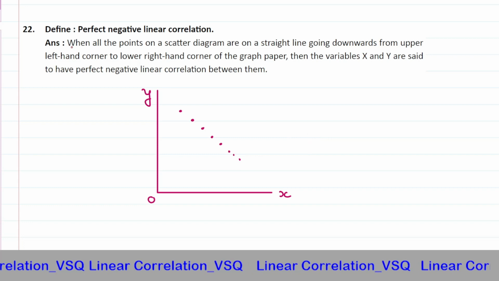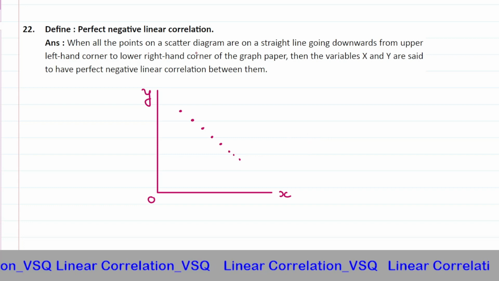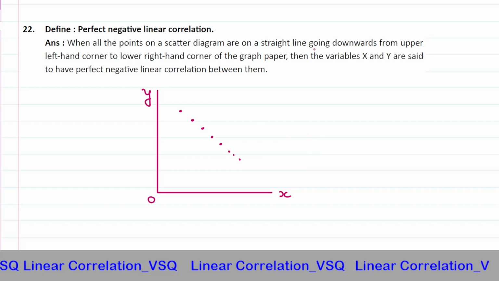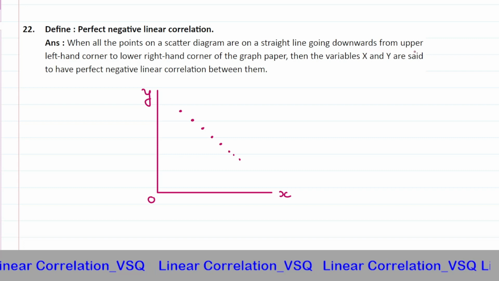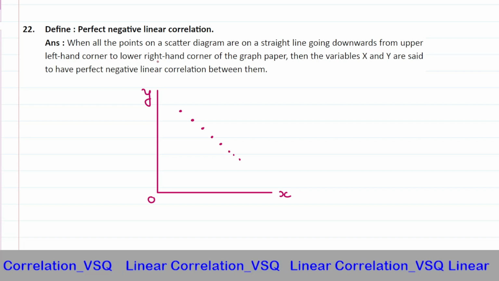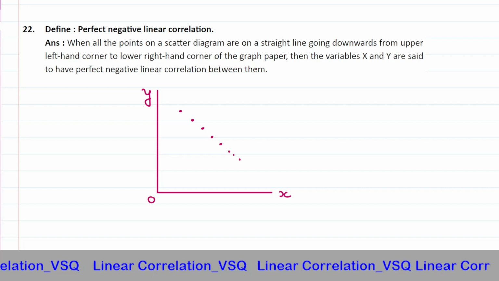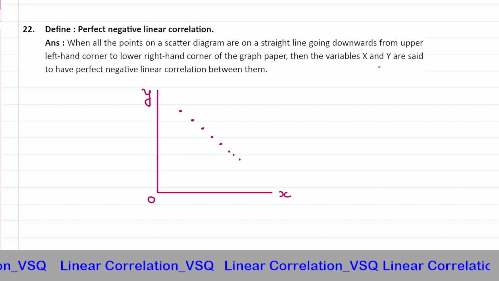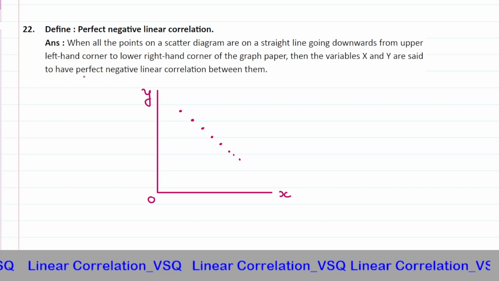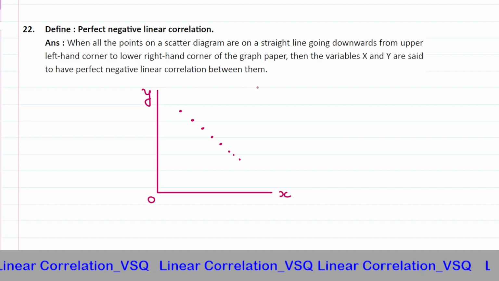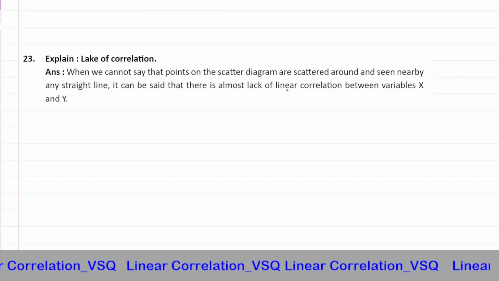The definition: when all the points on a scatter diagram are on a straight line going downwards from the upper left-hand corner to the lower right-hand corner of the graph paper, then the variables x and y are said to have perfect negative linear correlation between them.